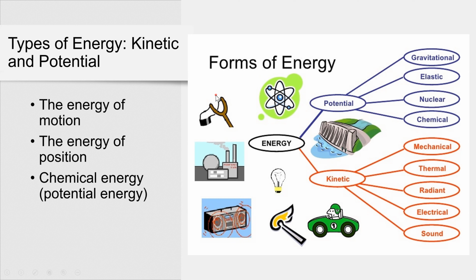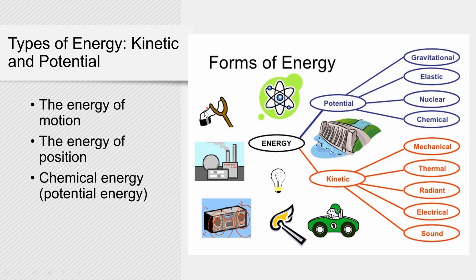Now, energy can be divided into potential and kinetic. Potential is energy of position, and kinetic is energy of motion. Then we have different types of potential energy, like gravitational energy, chemical energy, nuclear energy, or even elastic energy.